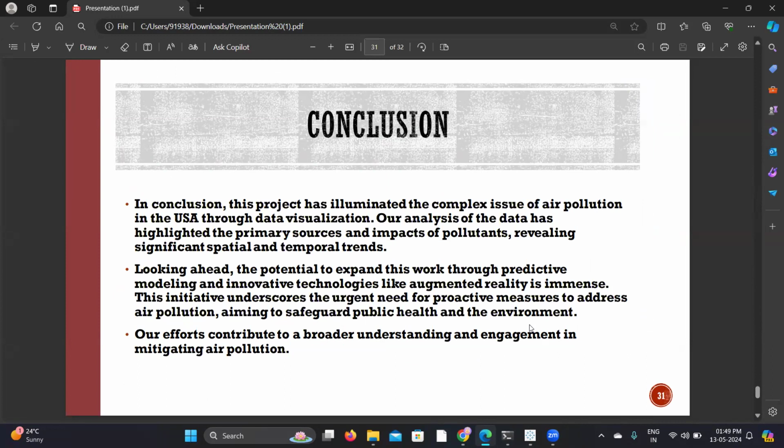In conclusion, the analysis of US air pollution data reveals the complex dynamics of air quality and its significant impact on public health, the environment, and overall quality of life. Through in-depth research, visualization, and data analysis, we have gained valuable information about the spatial and temporal patterns of air pollution, its influencing factors, and possible mitigation strategies.